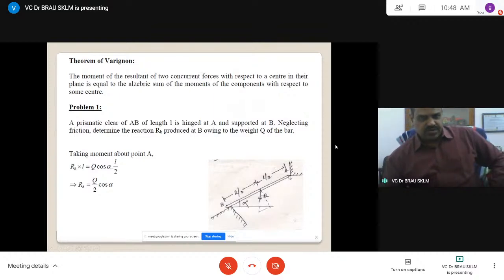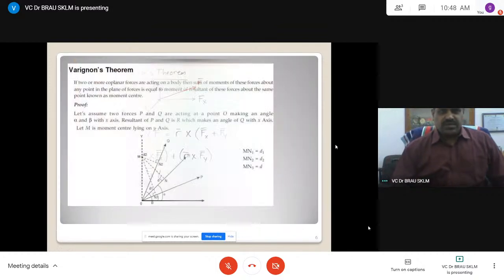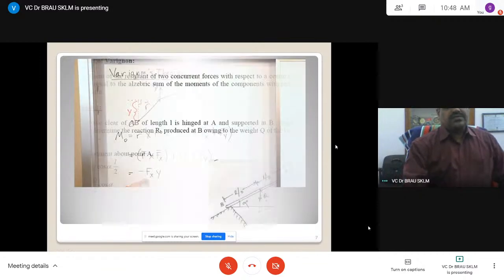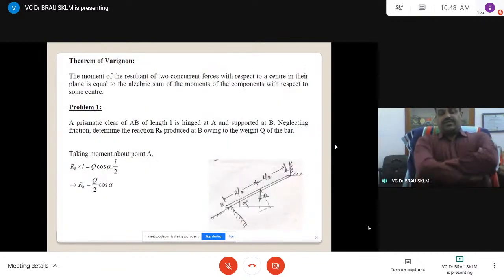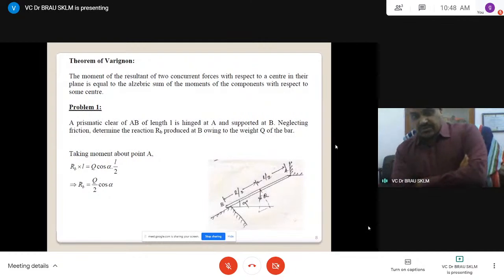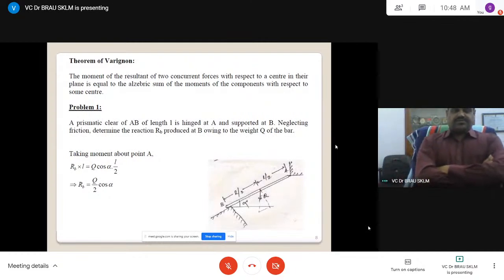Q into that about this point gives the moment, and this is counterclockwise. Clockwise equals counterclockwise, so RB into L equals that. From this you can find RB. That is what is asked: you determine the moment about a particular point A, and you get the reaction at B.